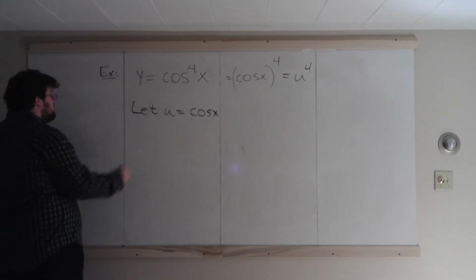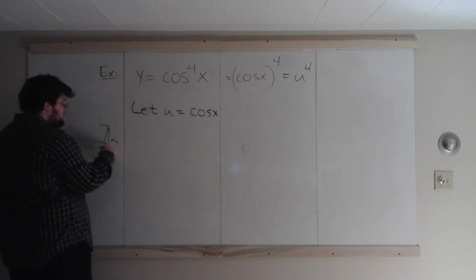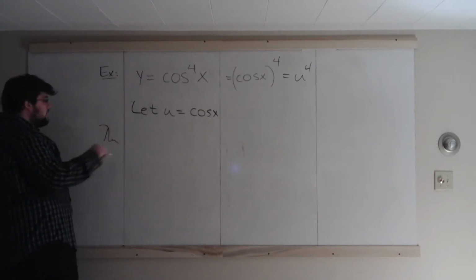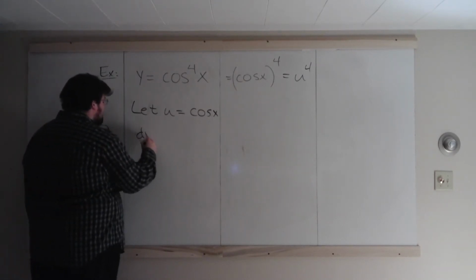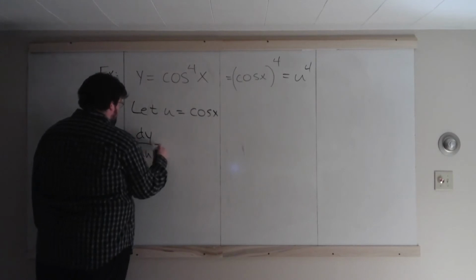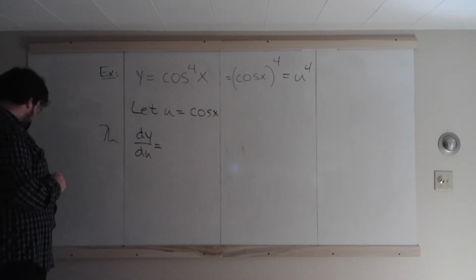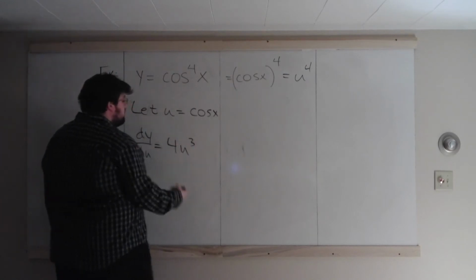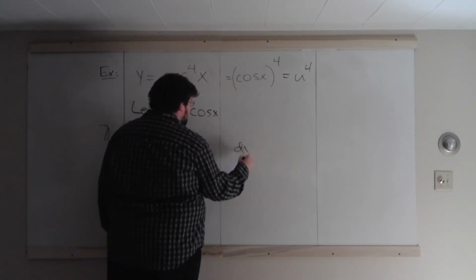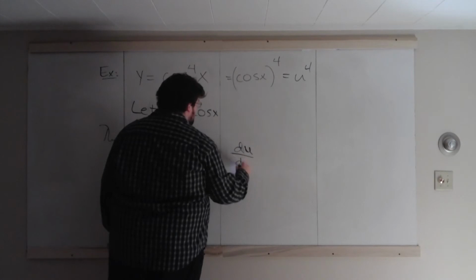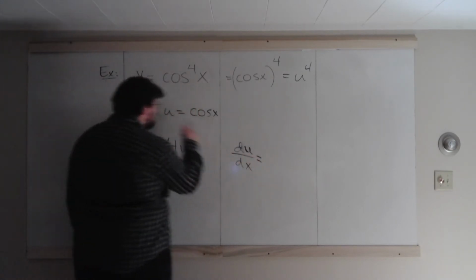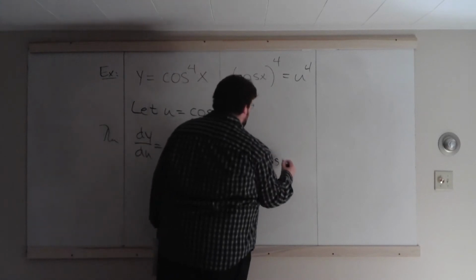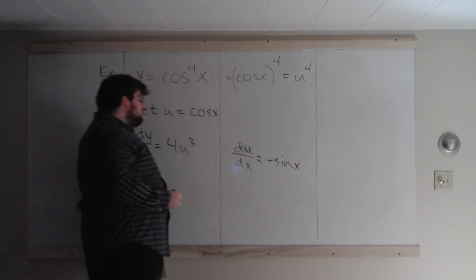Well, now, this says then whenever I write it over here. Sometimes when I write then, it looks like a capital T with almost no letters written afterwards. Then dy/du, well, that's just 4u to the 3rd. dy/dx is dy/du times du/dx, and since u is now a function of x, du/dx is what? Derivative of cosine, negative sine.